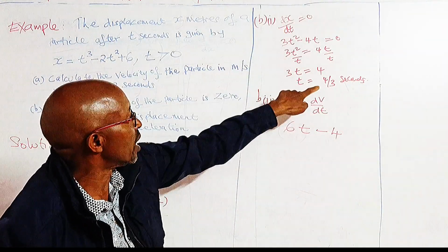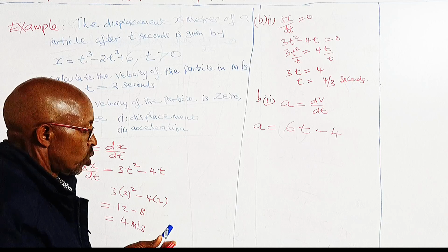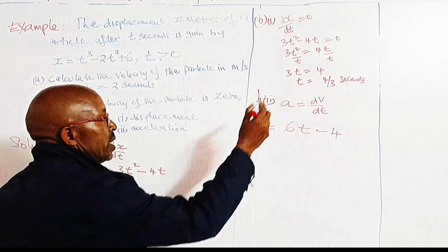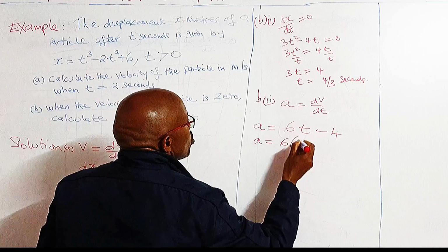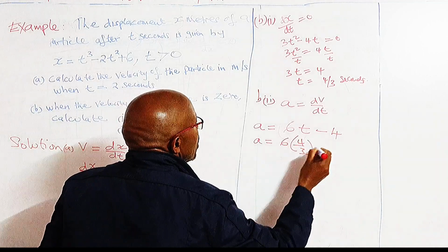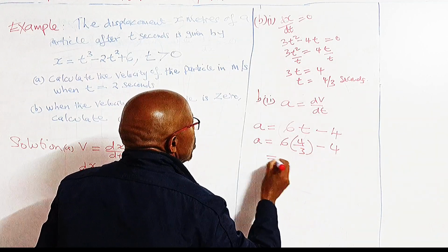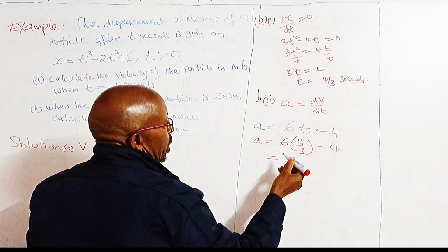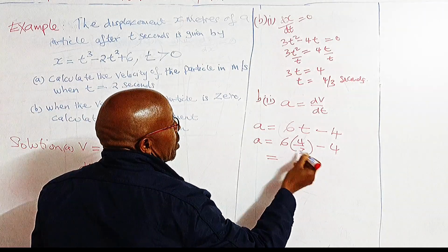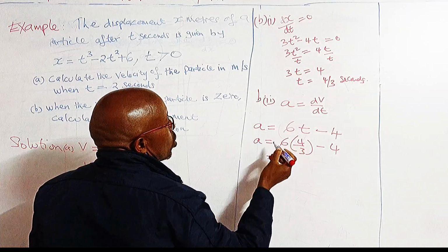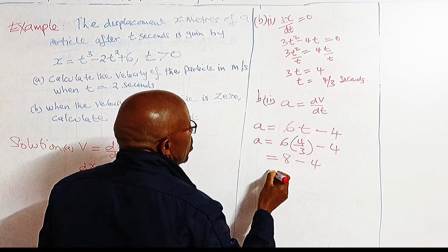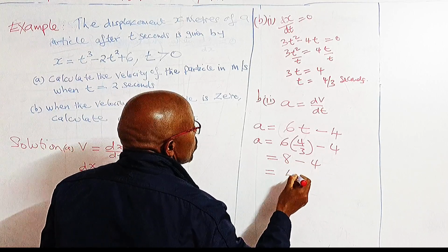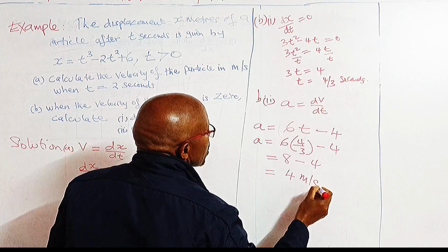We have our t as 4 over 3 seconds. So we substitute t as 4 over 3. So it will be 6 into 4 over 3 minus 4. So we can cancel by 3, 1, by 3, 2. So 2 times 4 is 8. We subtract 4. So this gives us 4 meters per second squared.